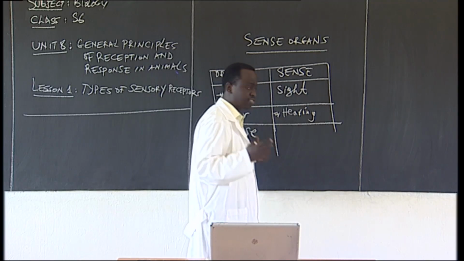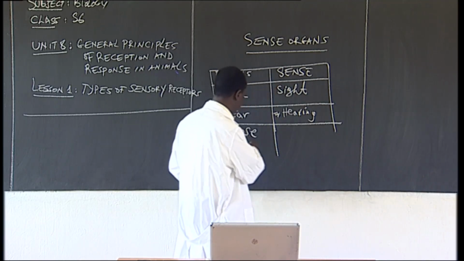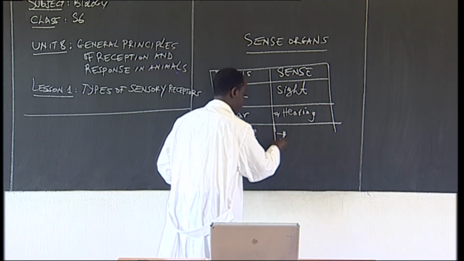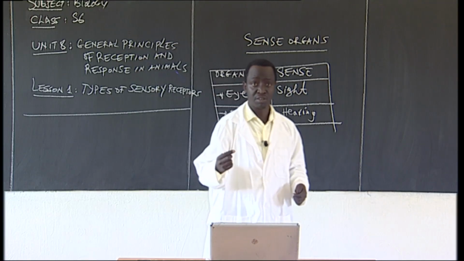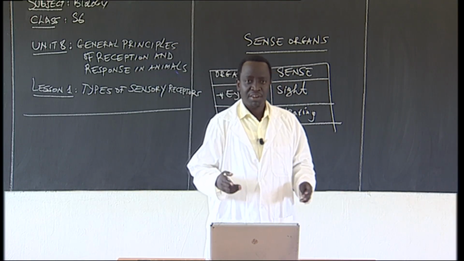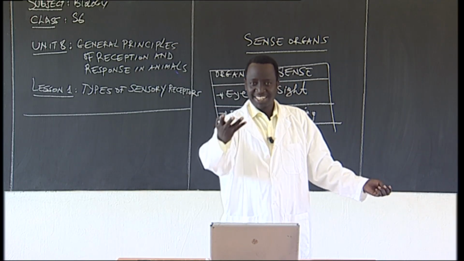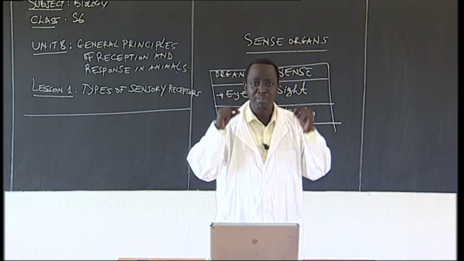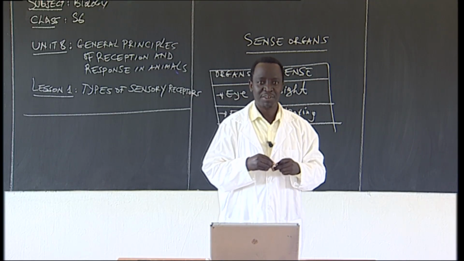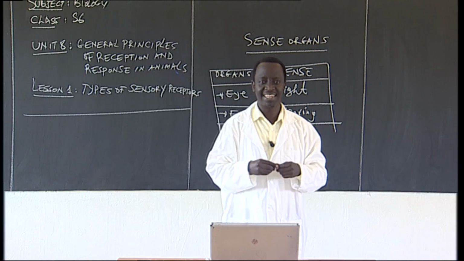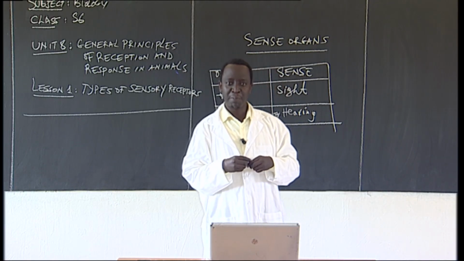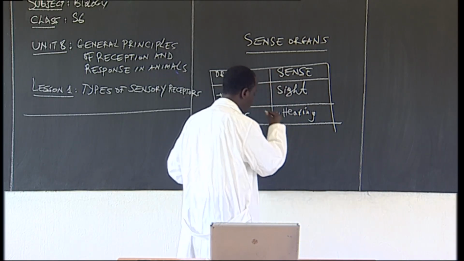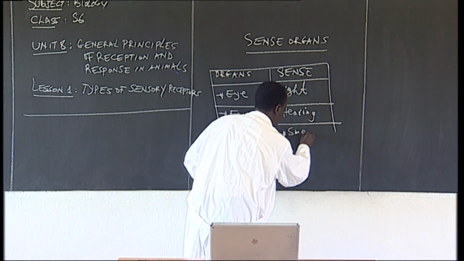What is the sense of this organ? It is smell. For example, when you are cooking food, you can smell that food and say, that's good food. That is smell. You use your nose.